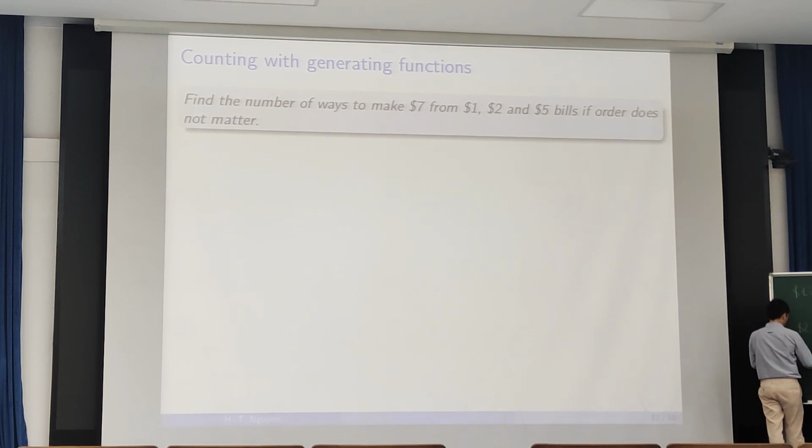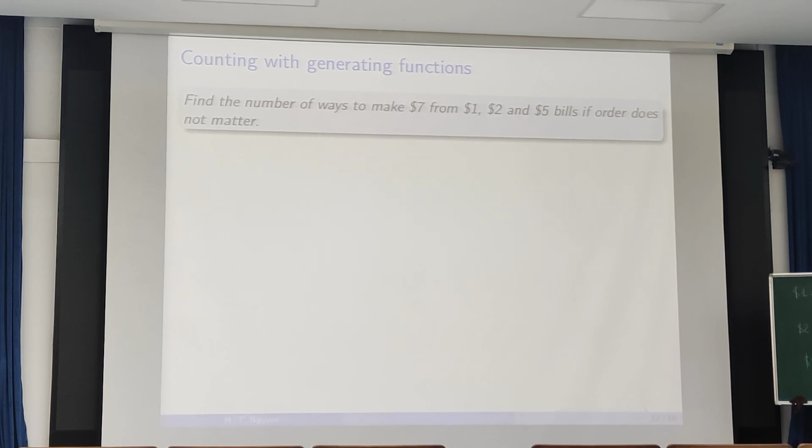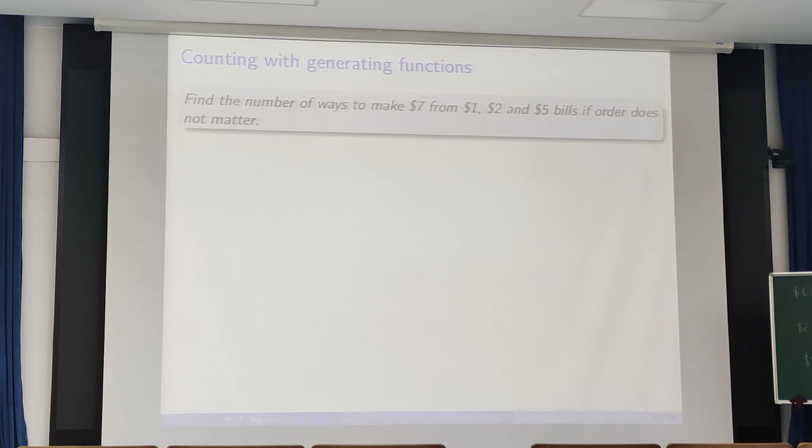If we use only notes of $5, then we have 0, 5, 10, 15, and so on. And so we have 1 plus x to the power 5 plus x to the power 10 plus x to the power 15.